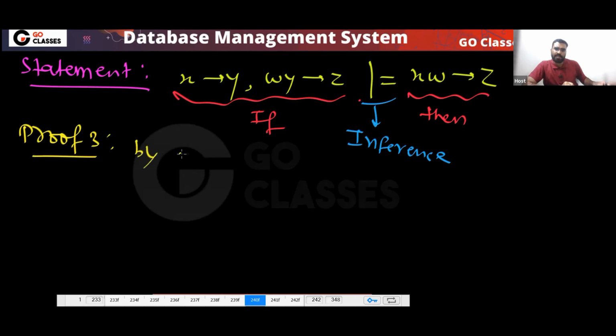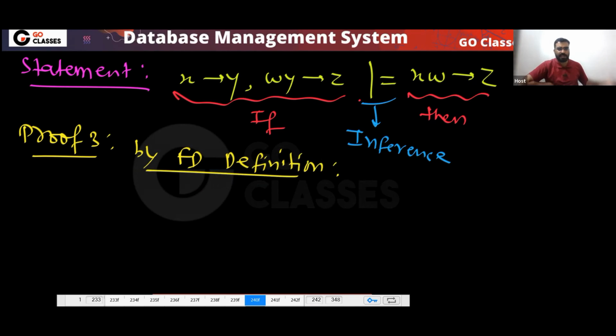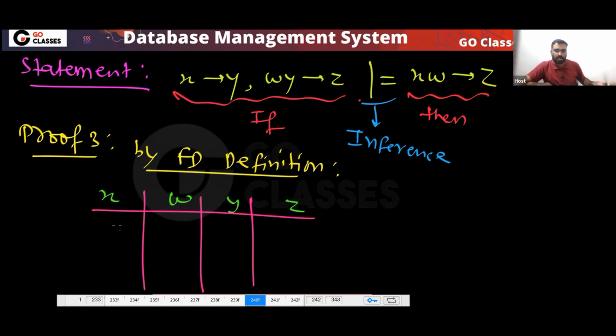That is by the functional dependency definition. In the functional dependency definition, you can see that X is determining Y, and there is W also, there is Y also, there is Z also. Now the question is saying that X is determining Y. Remember what we want to prove.